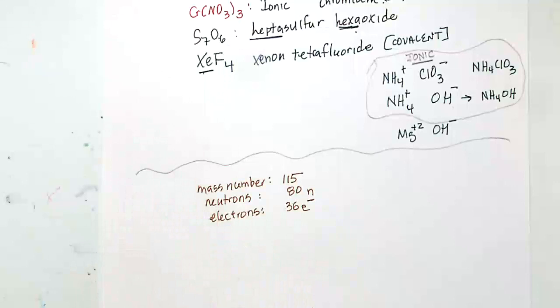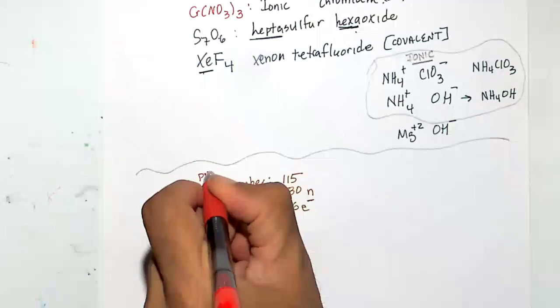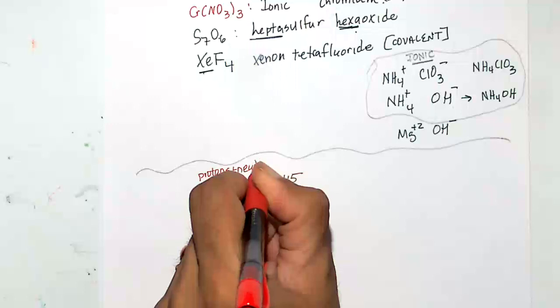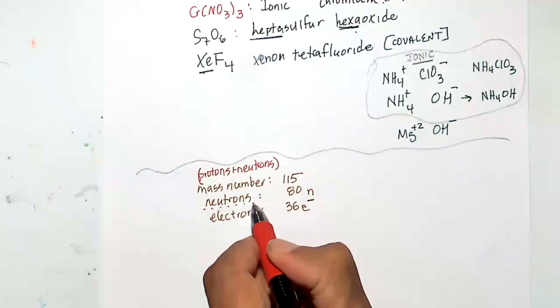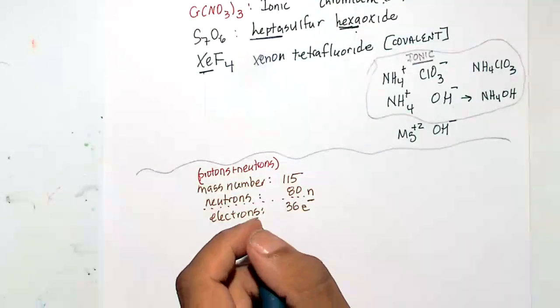All right, so what is the mass number? It's the sum of two particles. What are those particles? Okay, this mass number is the sum of protons plus neutrons. But they gave us the number of neutrons, you see? So to get the number of protons, we will subtract.